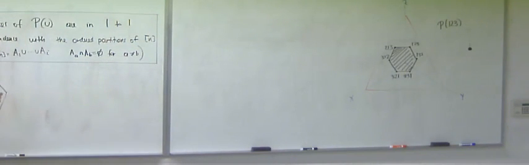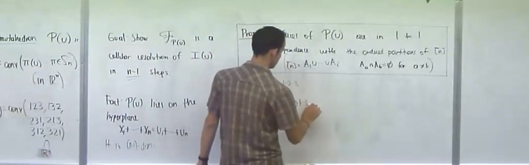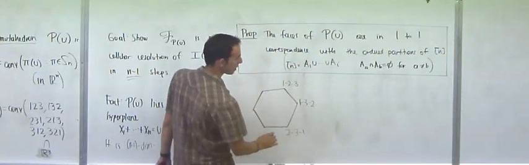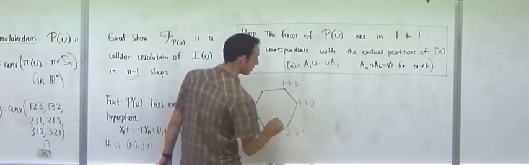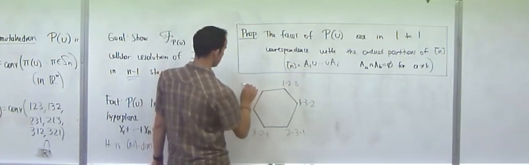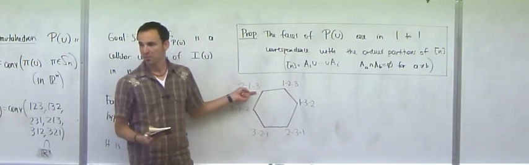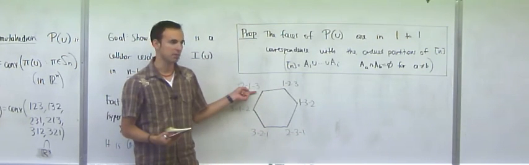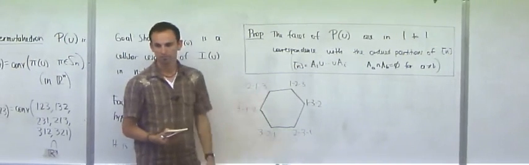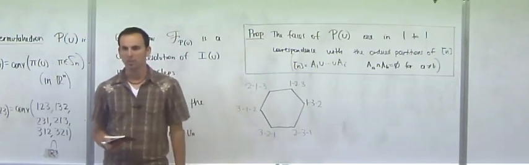So let me just call these guys like this, and I'll just separate them by dashes. The only reason that I want to do that is because I want them to look like partitions of the set, ordered partitions. So for example, when I write 2, 1, 3, I want you to think that I'm partitioning the set from 1 to 3 into 3 sets. The first set is 2, the second set is 1, the third set is 3. Okay. And so for each vertex, I get one of these partitions into n pieces.